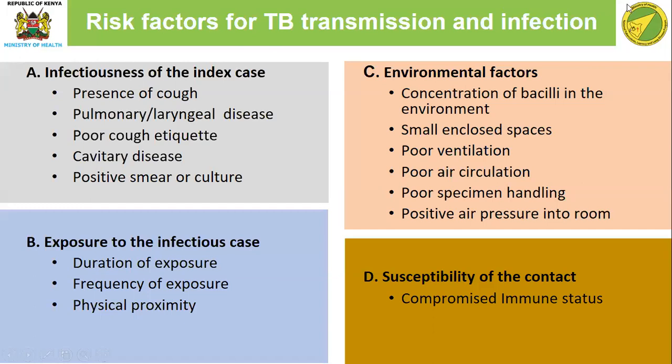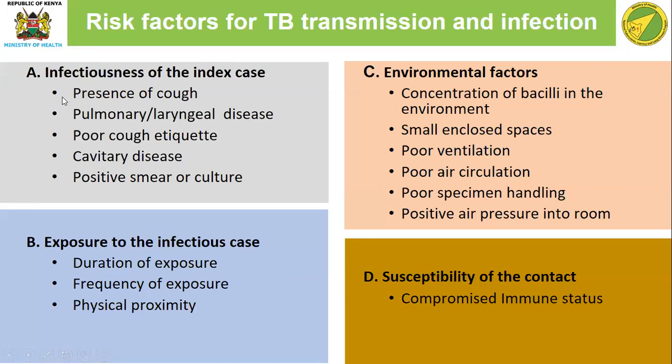Risk factors vary. Again, this is common knowledge. The risk factors for TB transmission and infection are quite a number, but the first thing is infectiousness of the index case. If you had a TB patient that is bacteriologically confirmed, where TB was detected through a lab sample, compared to somebody that was diagnosed clinically, like extrapulmonary TB, the most infectious ones are the bacteriologically confirmed TB patients.